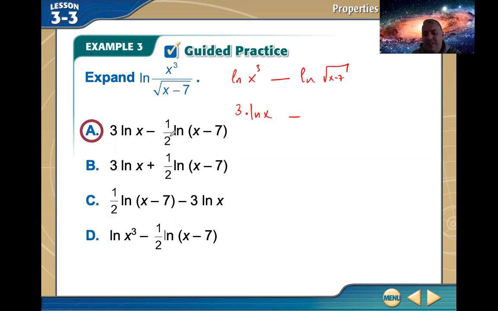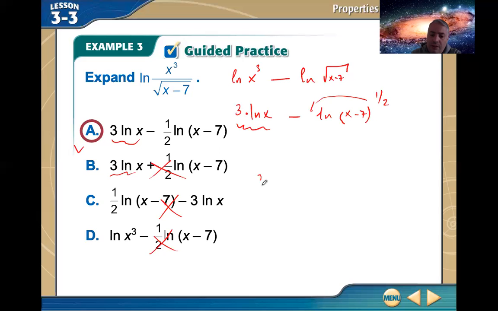By the way, this is a test question. Even after this step, check it: 3 ln x, minus, plus, so plus, no, no, no. So the answer is directly A. But let's continue. ln of (x minus 7) to the power of 1 over 2, so 1 over 2 comes in front. 3 ln x minus 1 over 2 ln(x minus 7) is the answer of the question.